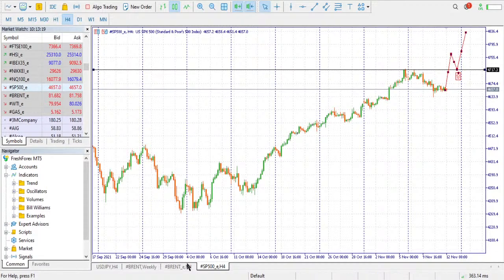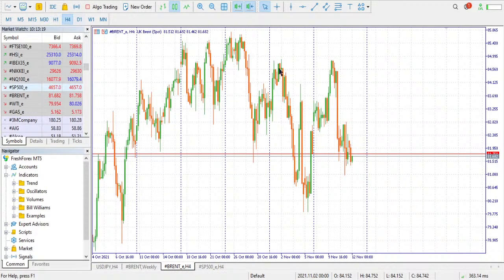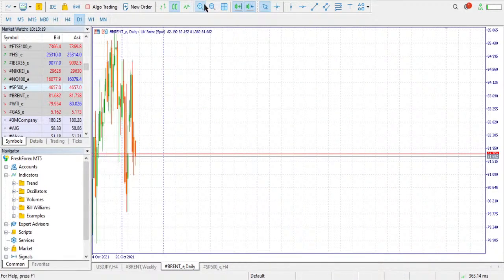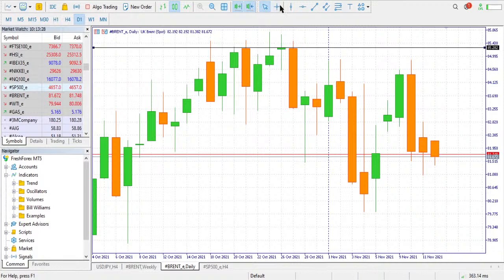The next symbol is the Brent oil. So far the price appears to be consolidating. It looks like the price may continue to consolidate, but we do have a very good resistance level here.